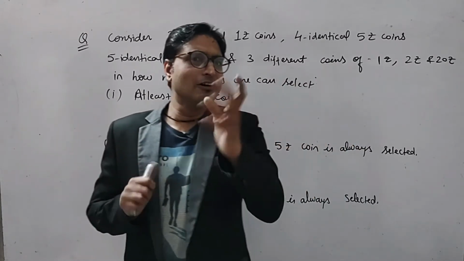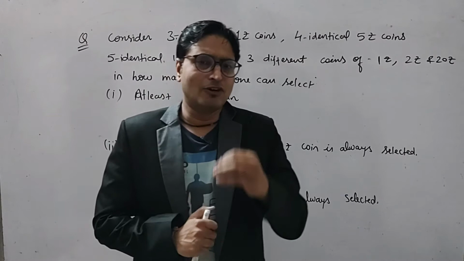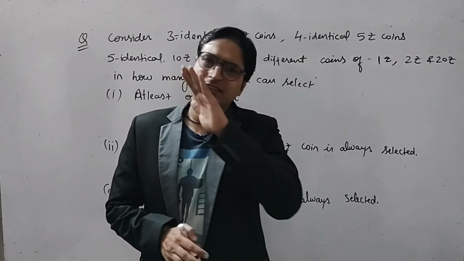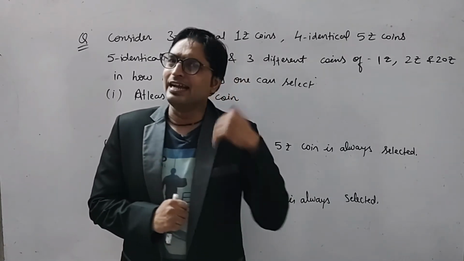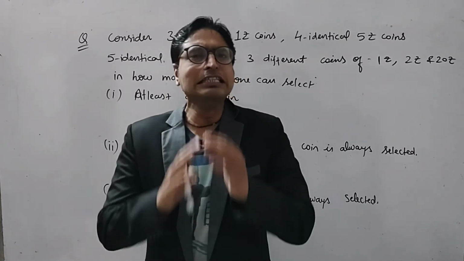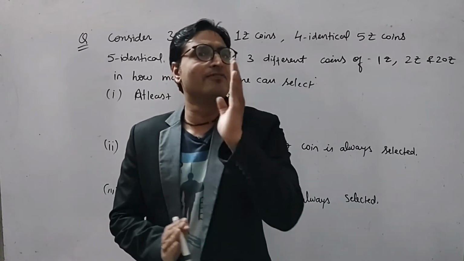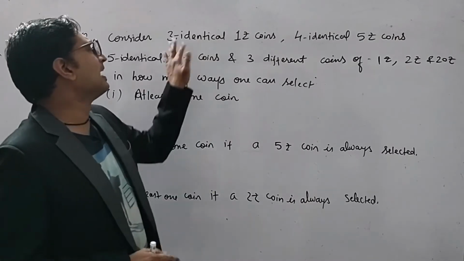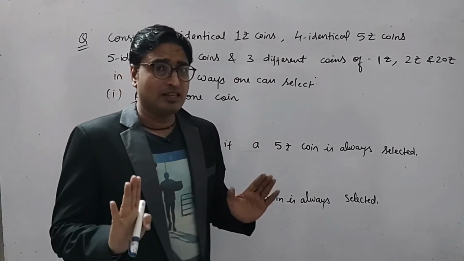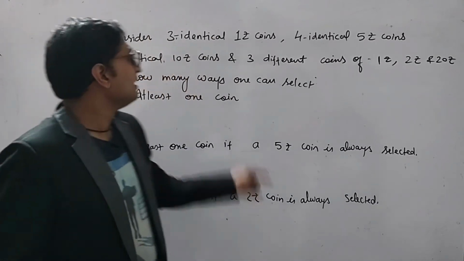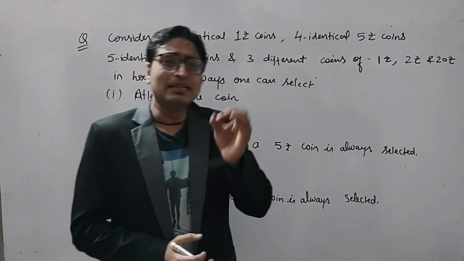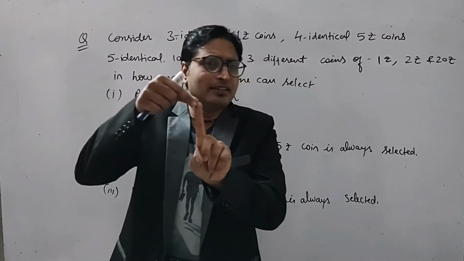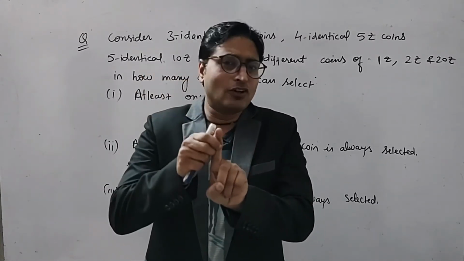Because in our previous question, what was the condition? We had 3 maths books, and the maths books were different, and physics books and chemistry books. All the books of the same subject were different, and here all the coins of 1 rupee are alike, the same. So how will we proceed? Out of 3 identical 1 rupee coins, the total number of ways will be 1 for selecting 1 coin.